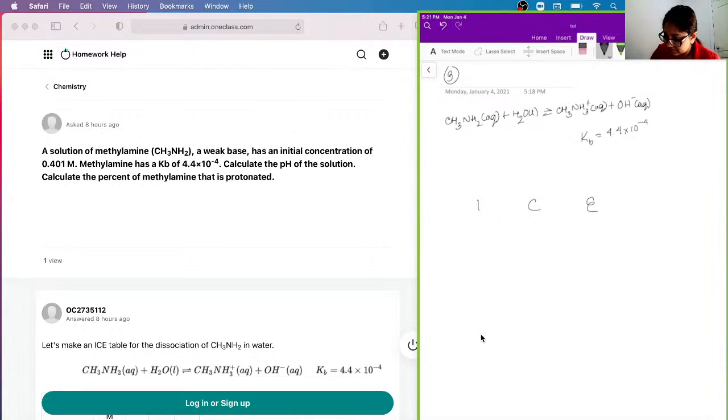So we take our solution, our base we have in the beginning, and it says we have 0.401 molars.